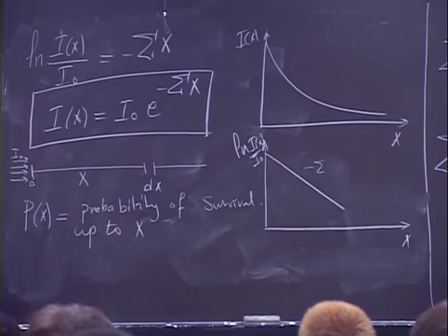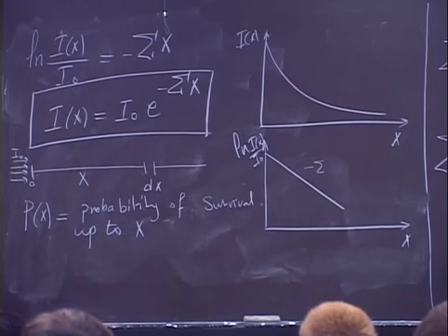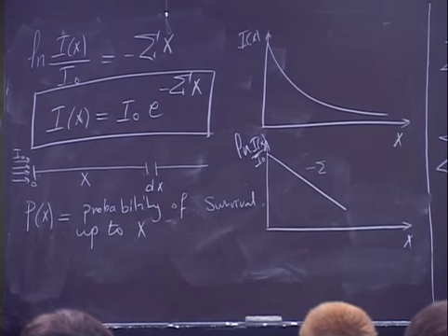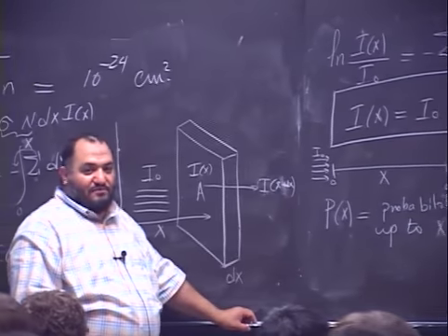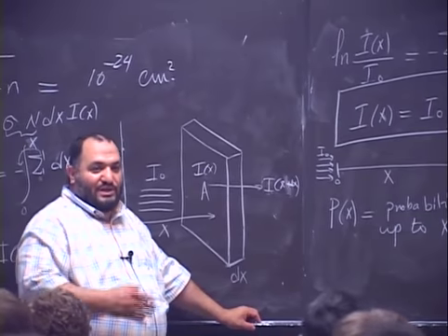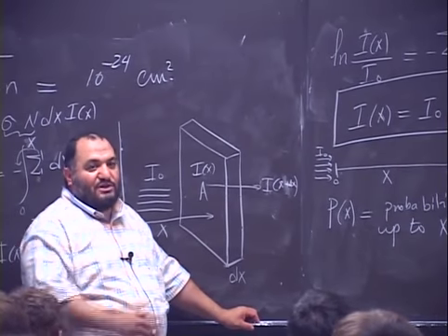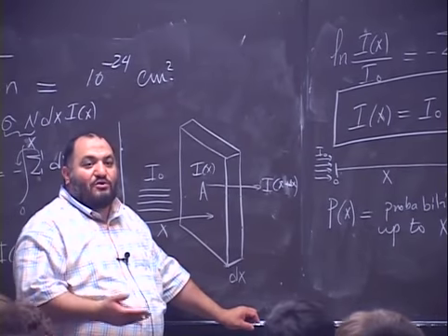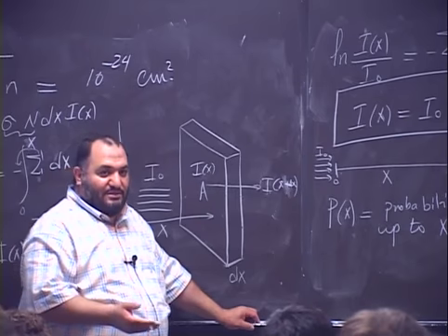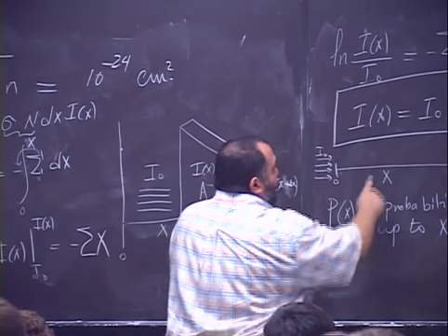I of x is the total number of neutrons crossing the shield without any interaction. Yes? So if I divide I of x by the initial number I naught, this will give me what? It will give me the probability that the neutrons will get through the shield without any interaction. So it is the probability of survival. Yes? So probability of survival is just what?